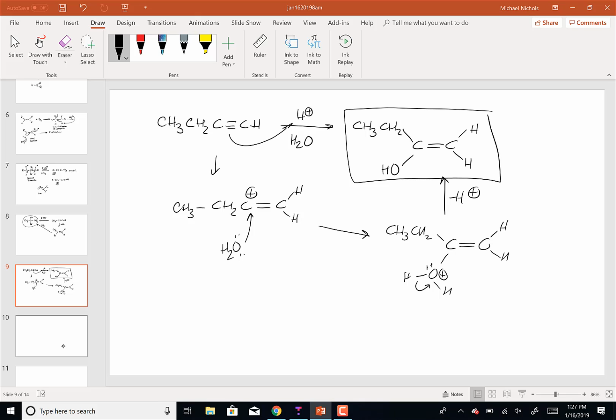So this is not the final product, but the first step makes sense with what we learned last semester with alkenes. And if I keep saying that about the alkenes, and you're going, I don't remember much about the alkenes, number one priority is go back and look at the alkenes and remember what we did.